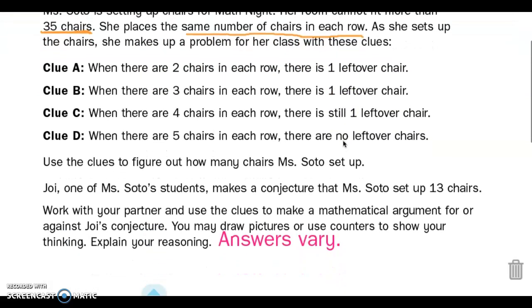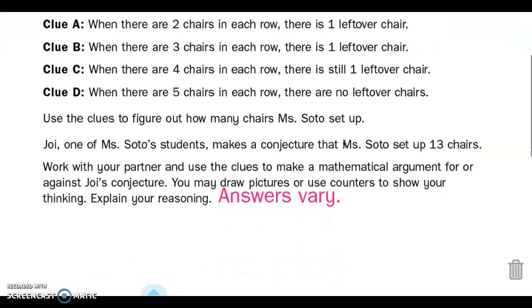Let's break apart clue A. When there are 2 chairs in each row, there is 1 leftover chair. Okay. Let's see. When you multiply a number by 2, what do we know about that answer? Think about if I have an odd number times 2.